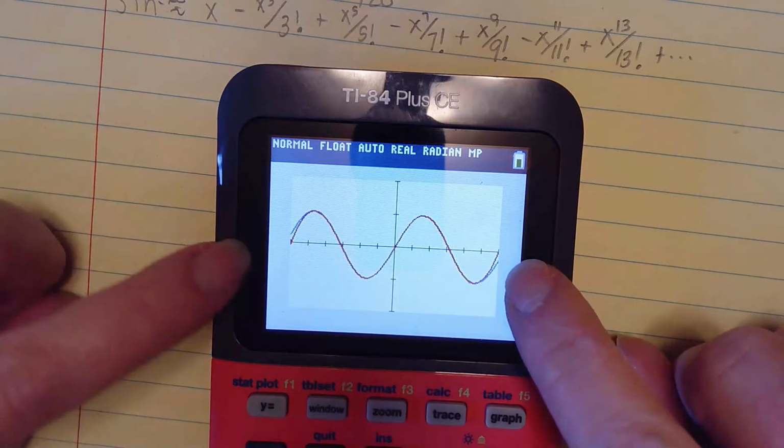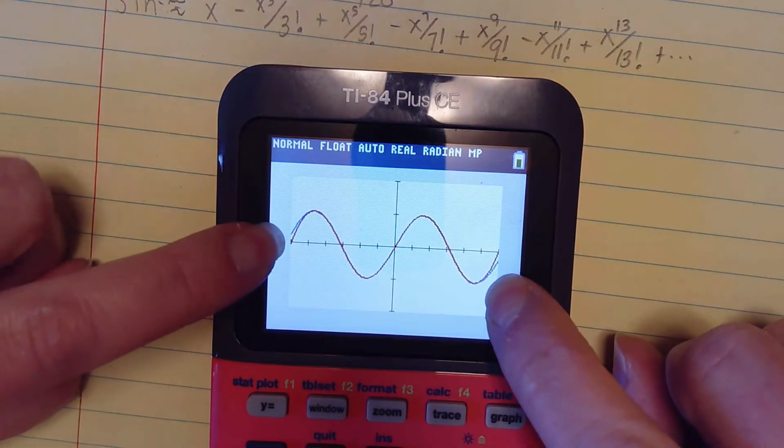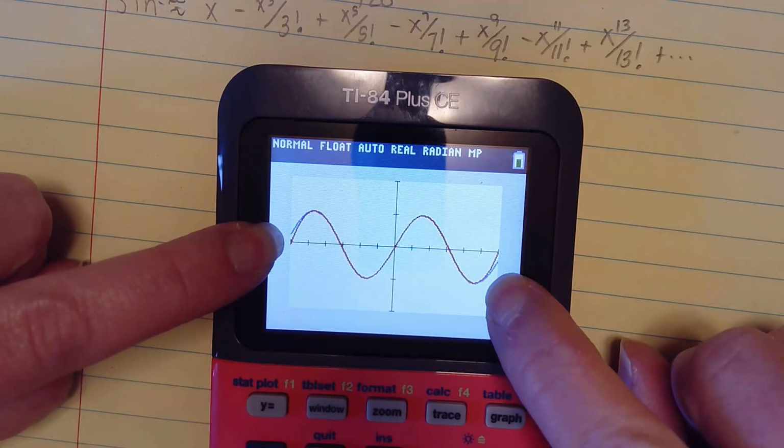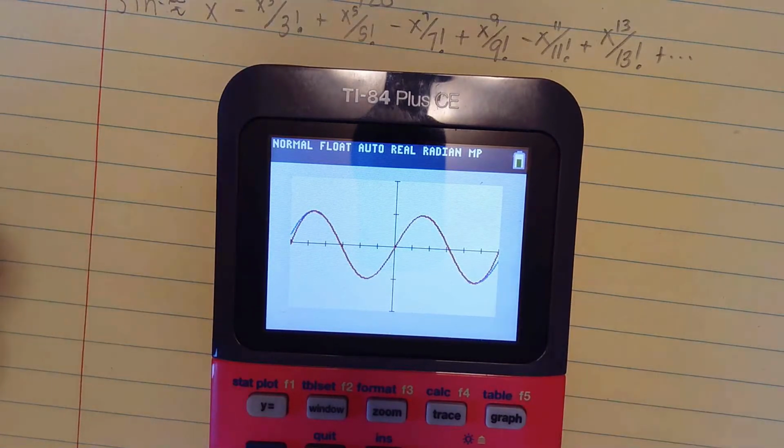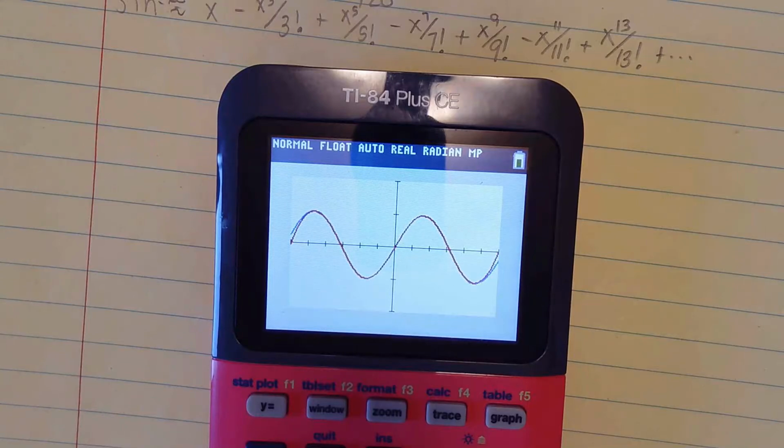And just over here at the ends, when I get really close to 6, that's where it matches up, okay?